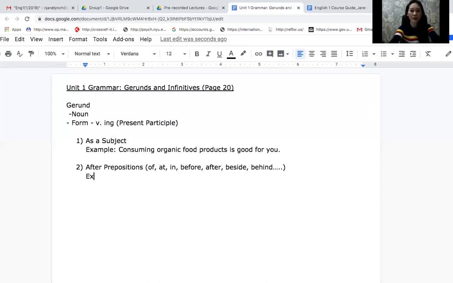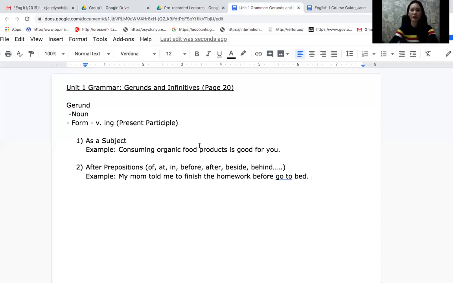For example, I don't have an example written, but I can think about one now. My mom told me to finish the homework before go to bed.